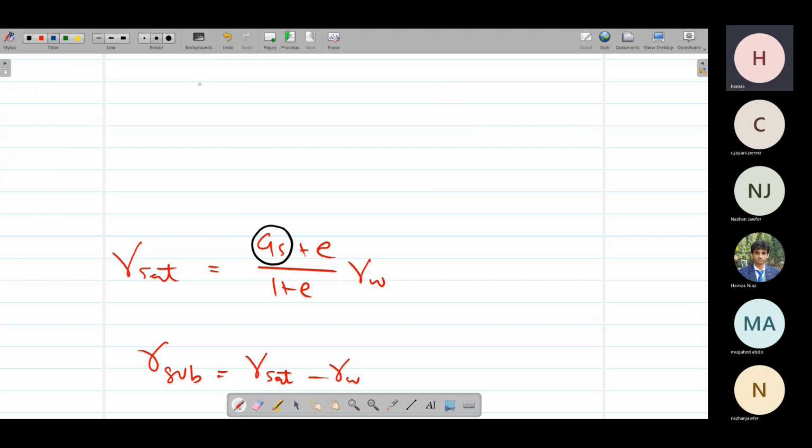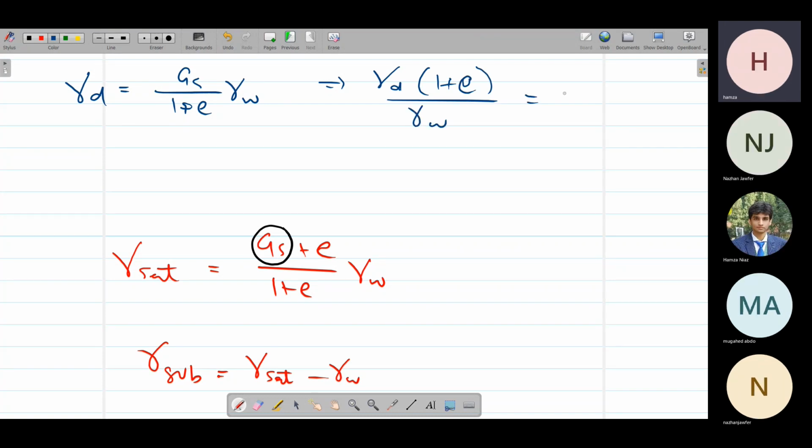Simply, we know this gamma d value. So we know the formula: gamma d is equal to Gs over (1 + e) into gamma w. If we rearrange this formula, it would be like gamma d into (1 + e) over gamma w is equal to Gs.